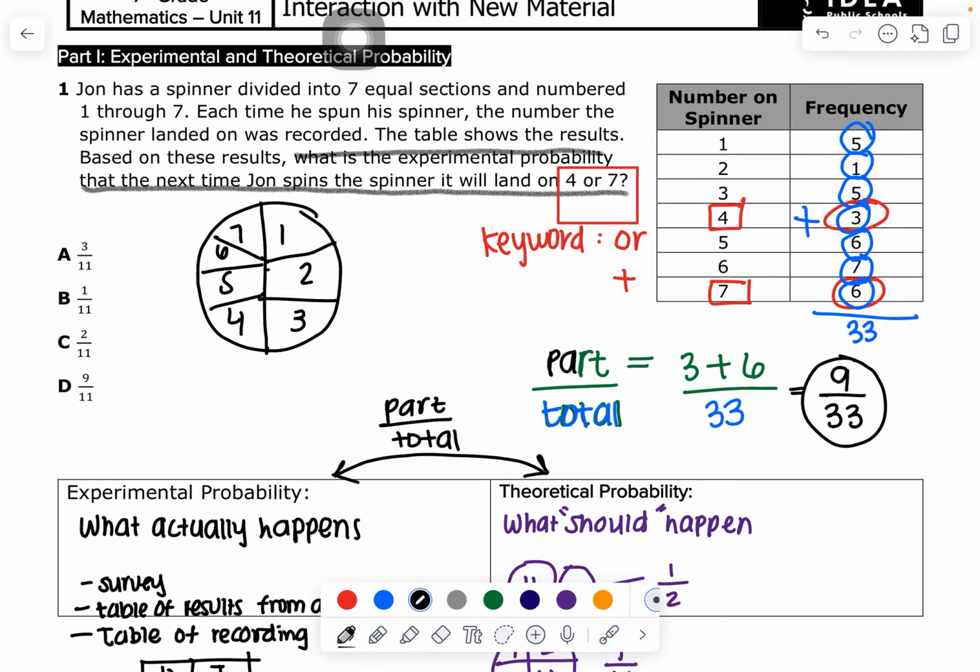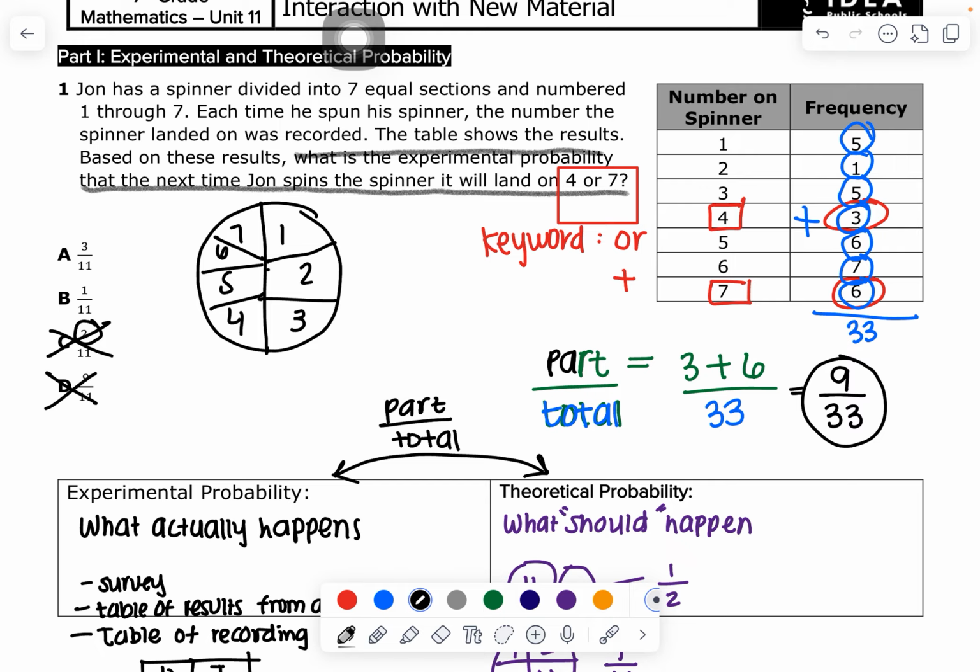However, none of this is in my options. That means I need to simplify. Let's look for a common factor of 9 and 33. If you look at your denominators, we cannot divide 9 by 2, so this is not an option. If we're simplifying the denominator, something should also be happening to our numerator. So D is not going to be my option.